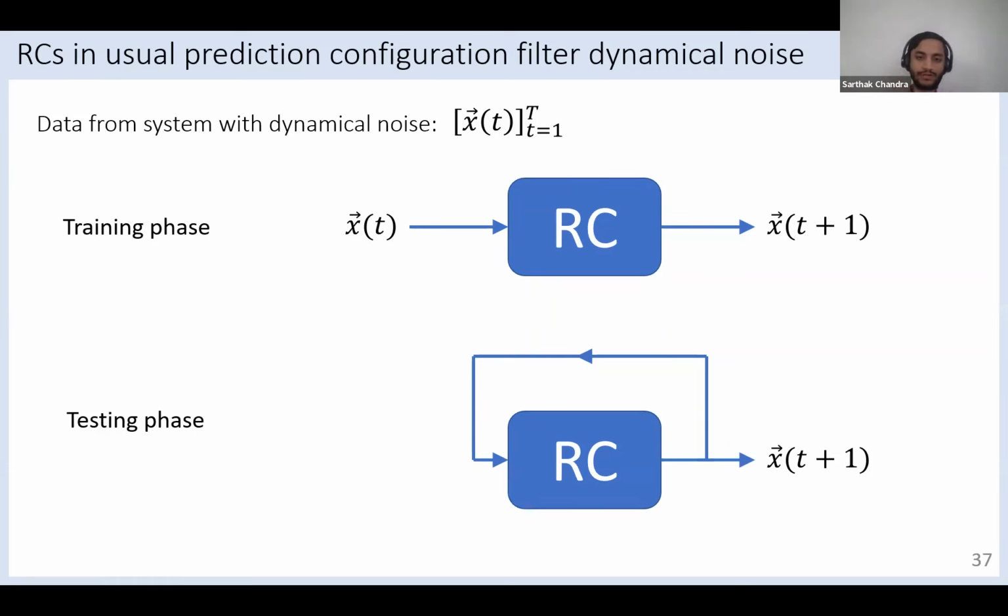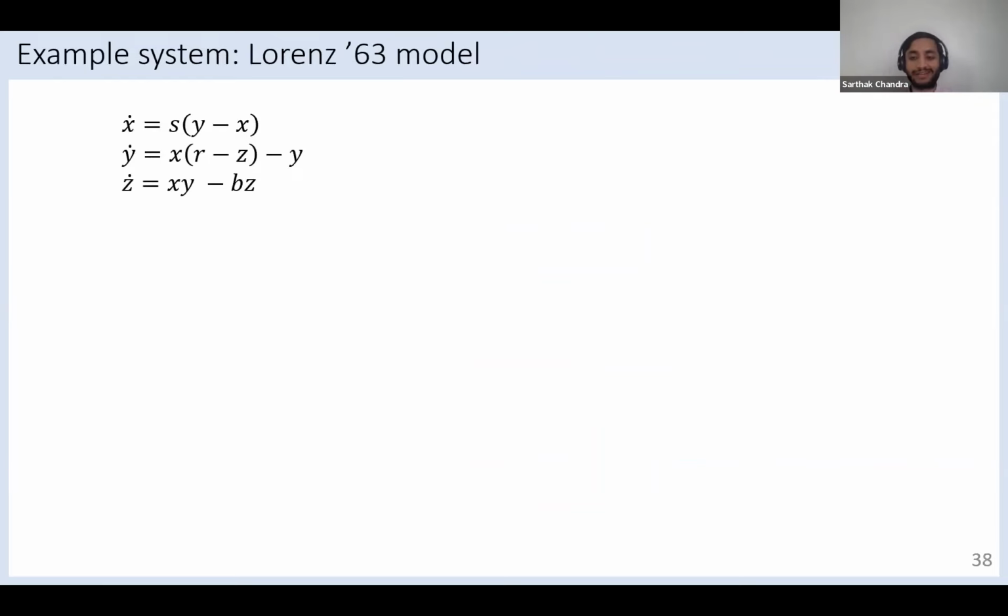So what I'm going to show is that if I just use the same framework that I started off with, if I feed in this dynamical noise-laden trajectory, and I train my reservoir computer for one-time step prediction of this noisy trajectory, and then go to the closed loop in the testing phase, the autonomous reservoir computer will spontaneously behave like the clean dynamical system without the dynamical noise, and it will automatically filter out the dynamical noise. So let me just justify this for you first with some numerical examples, and then, time permitting, maybe I'll tell you a little bit about some theory about why this might be the case.